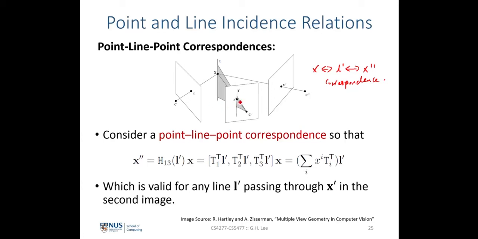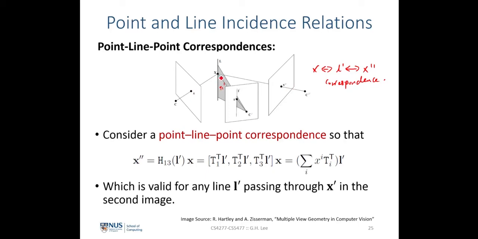More specifically, the back projection of L prime forms a plane, which we call pi prime. This plane contains both the line that gives rise to L prime in the second image, as well as the 3D point from the intersection of the back projected rays from the first image and the third image, specifically from the point correspondences X and X prime prime.